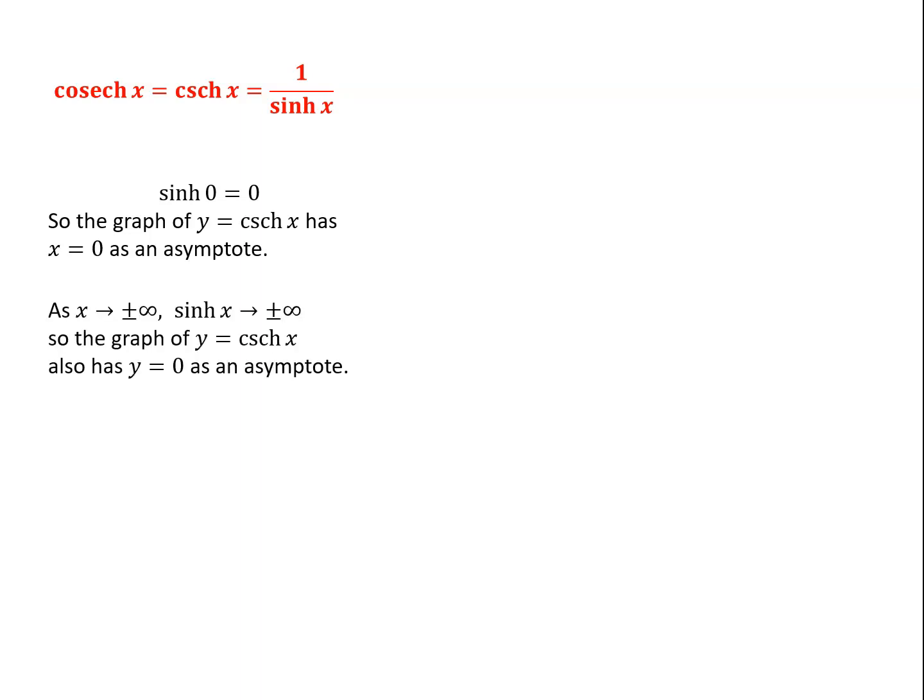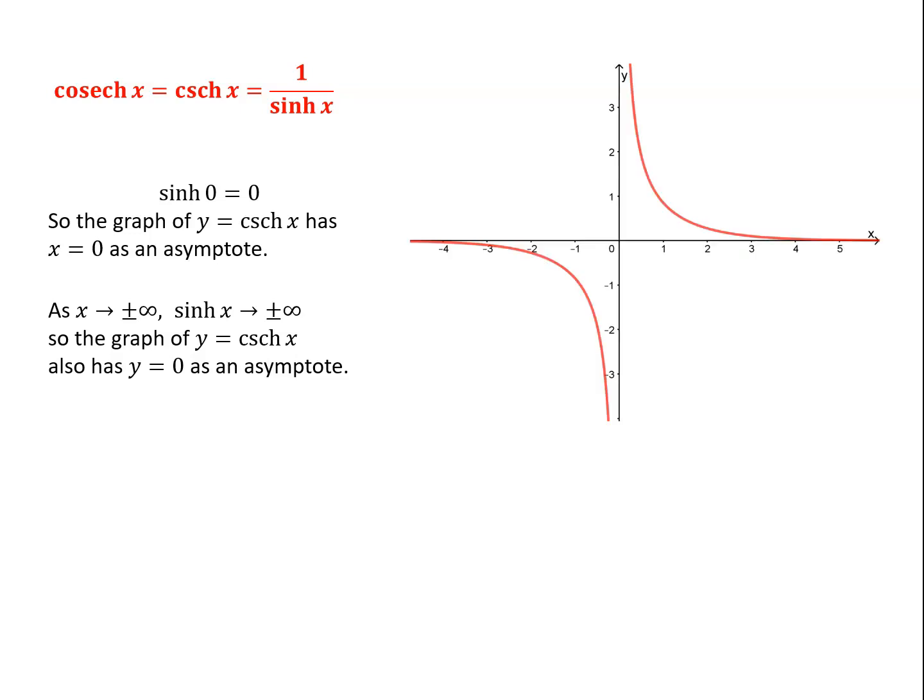As x tends to plus or minus infinity, sinh x tends to plus or minus infinity, so the graph of y equals cosech x is going to have y equals 0 as an asymptote as well. So we're ending up with a graph looking something like that.